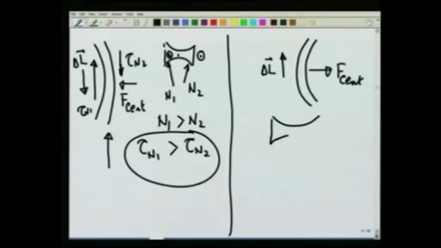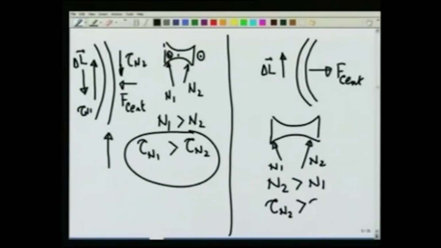If it has to turn to the right, then this is N2, this is N1. In this case, since the centripetal force is to the right, N2 has to be greater than N1, and therefore torque due to N2 would be greater than torque due to N1.